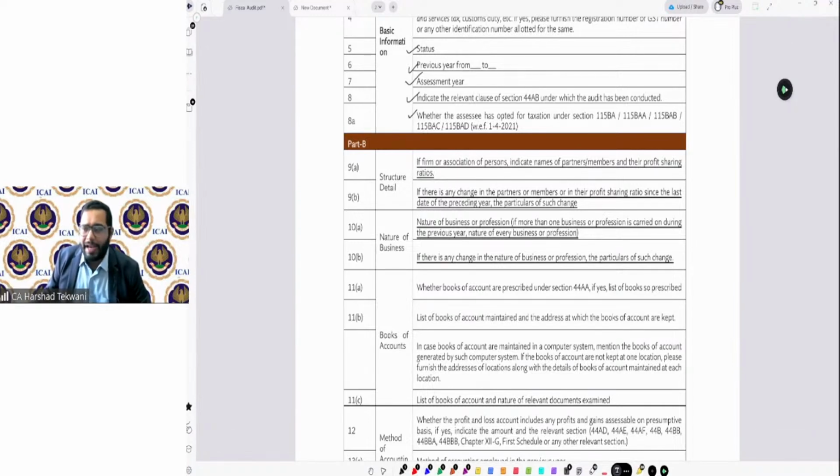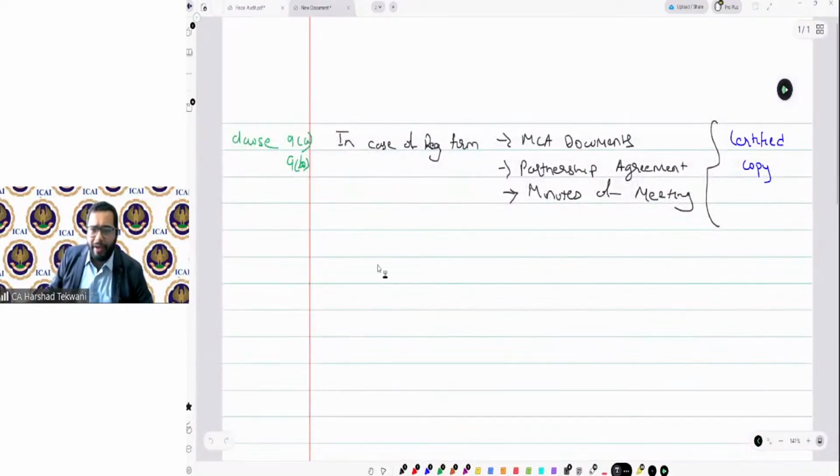Now, if I have to identify the nature of business or profession, from where can I get these details? Quickly, guys, from where will I get the details of the nature of business or profession of the company? Come on, from where will I get the details?